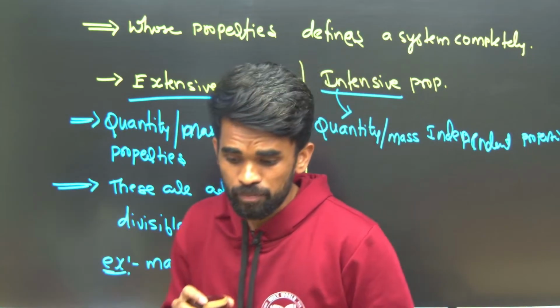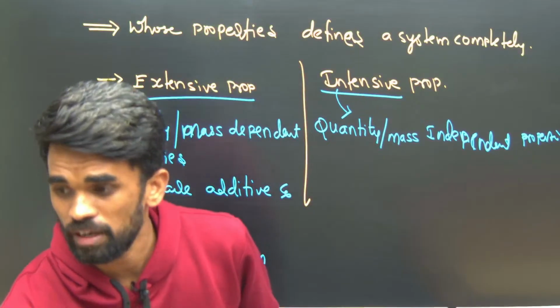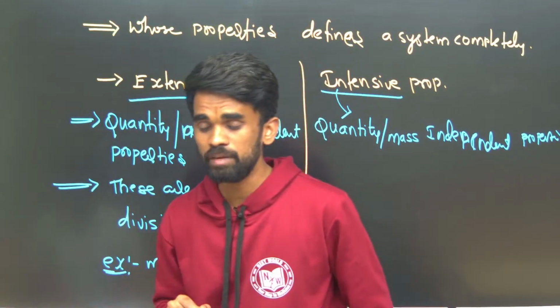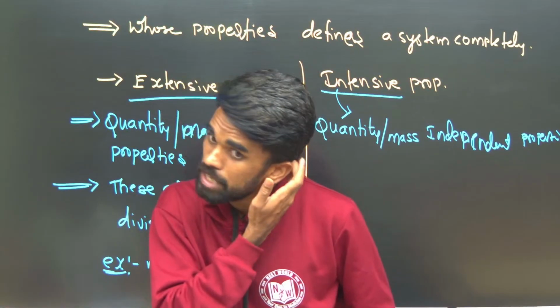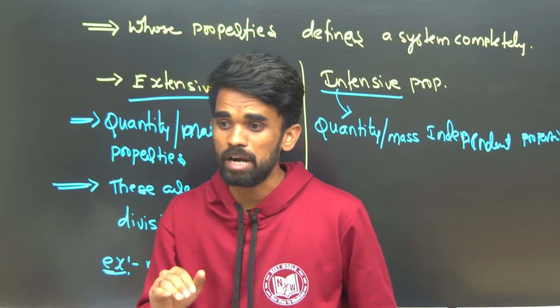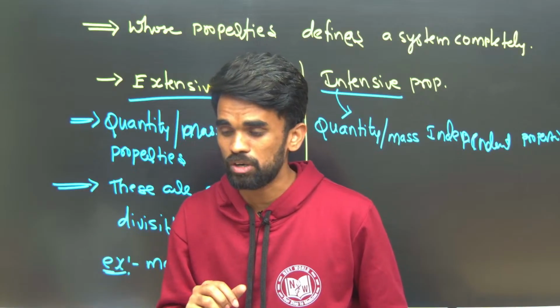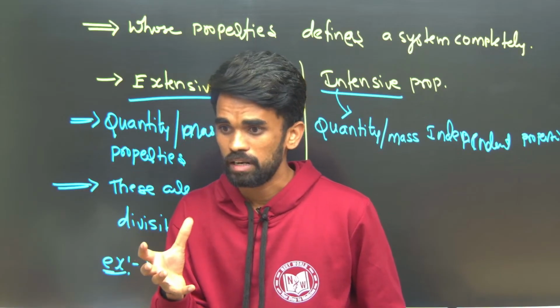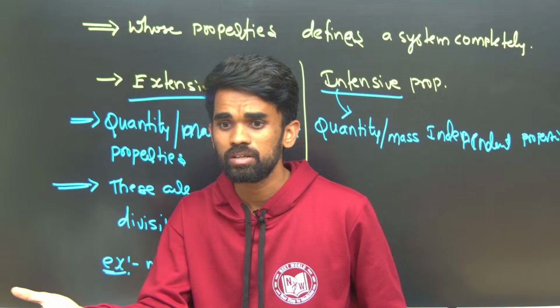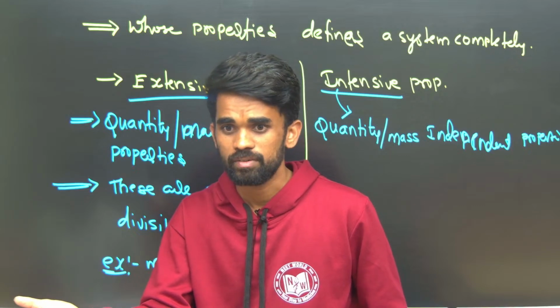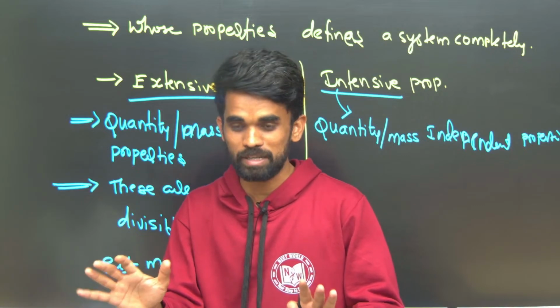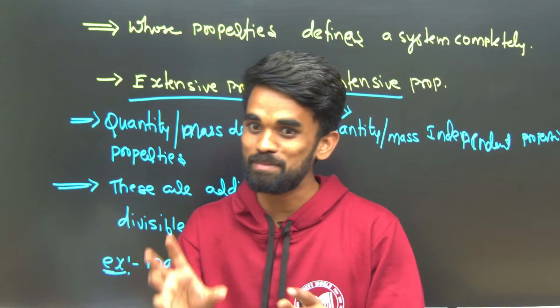Now volume is a quantity dependent property. For example, we are going to the market and taking 10 tomatoes. Now 10 tomatoes have a weight of 1 kg. Now I am taking only 5 tomatoes. The weight might be around half a kg, approximately, just for understanding purposes, all of them having the same size.